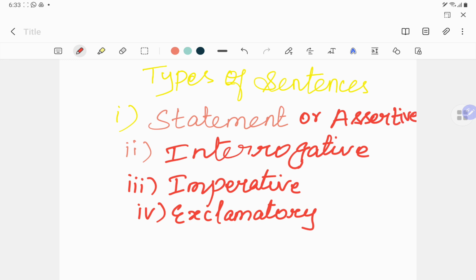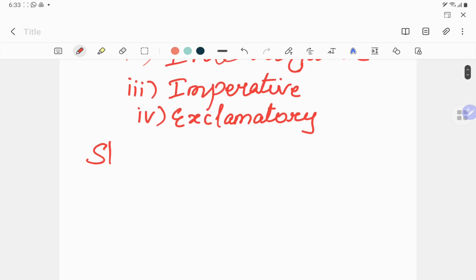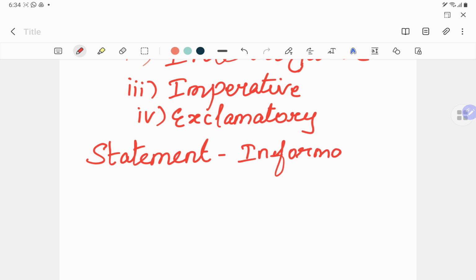What do you mean statement means? It gives us some information. What kind of information you want to know? Simple information only. For example, ஒரு விஷயத்தை நார்மலான விஷயத்தை நம்ம சொல்கிறோம் அப்படின்னா that is one kind of a statement only. So it is going to tell us some information about our life or anyone's life.